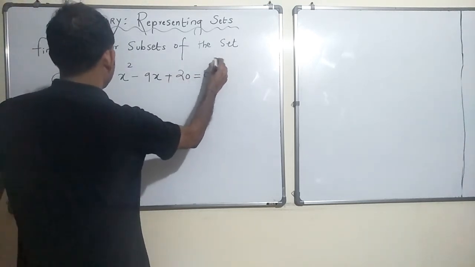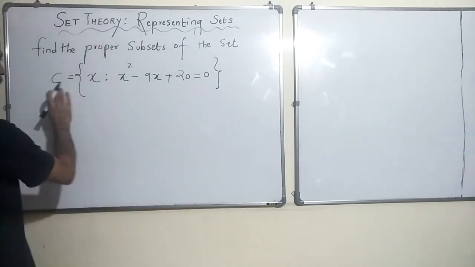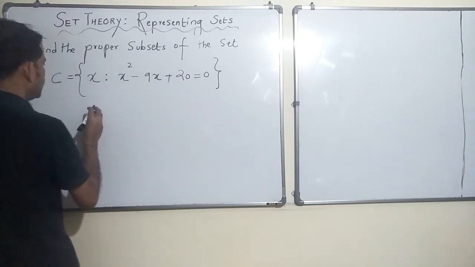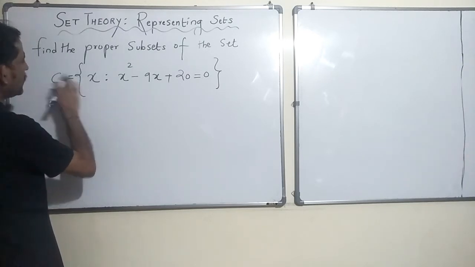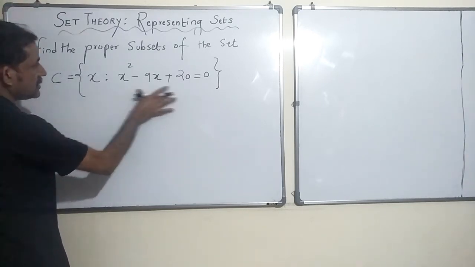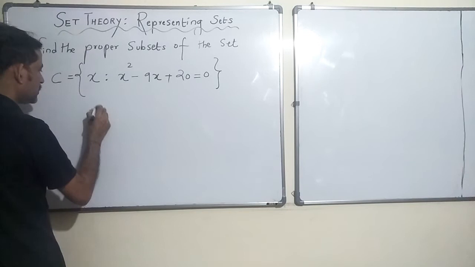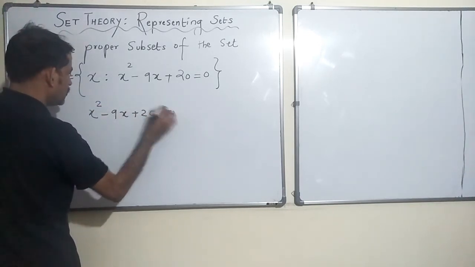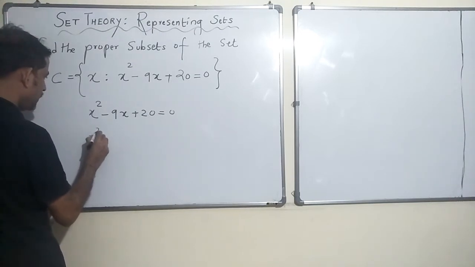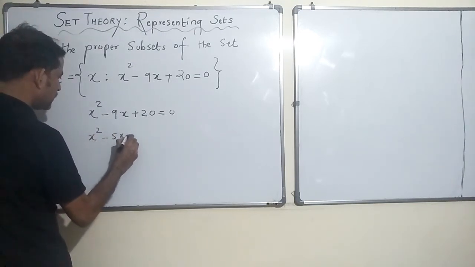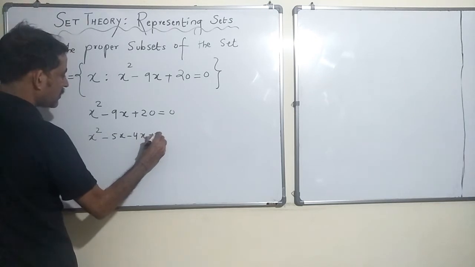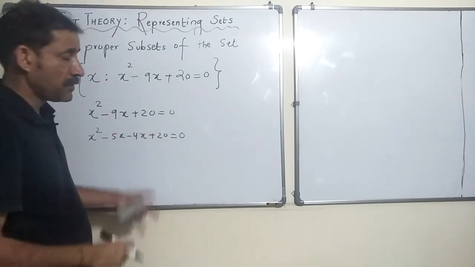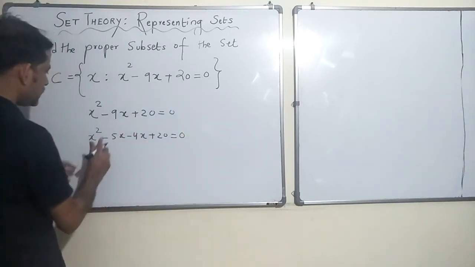So before we find out what are the elements or members of this set, we need to solve this, right? Because x is a member, C is a set of x such that this is true. So let's solve this quadratic equation. I can write it as x square minus 5x minus 4x plus 20 equal to 0. We are going to learn how to solve quadratic equations in subsequent lectures, so just see this for the moment.